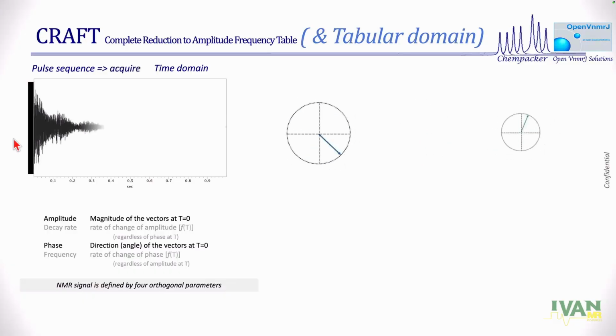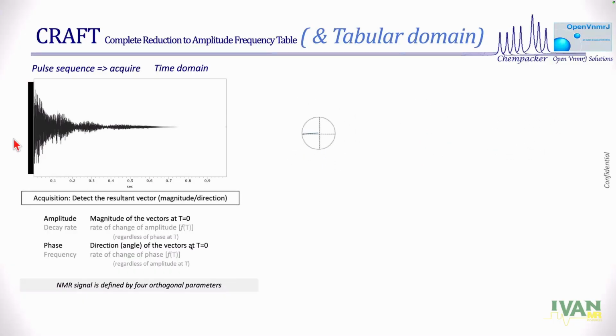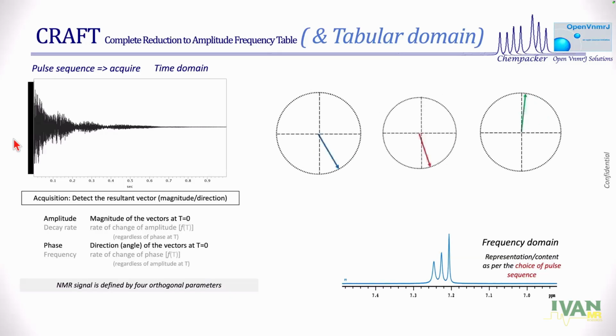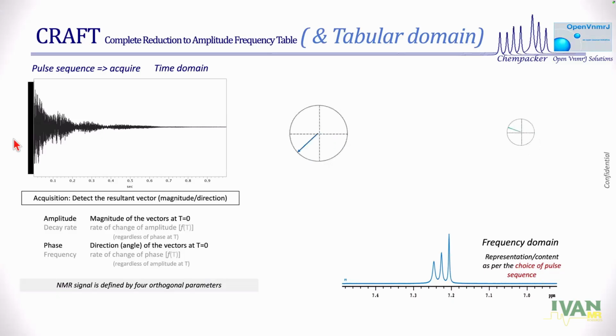As you start to acquire, they are all spinning. We just turn on the receiver. They continue to spin, and some of them decay faster. The red one decays faster, the blue one is slower, and the green one is intermediate. And we always detect the resultant vector of all these 3.